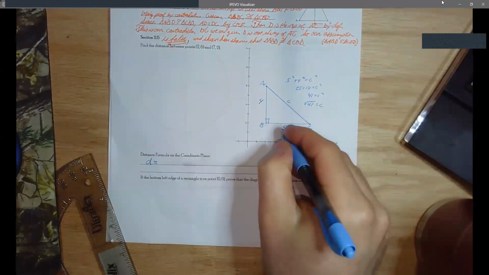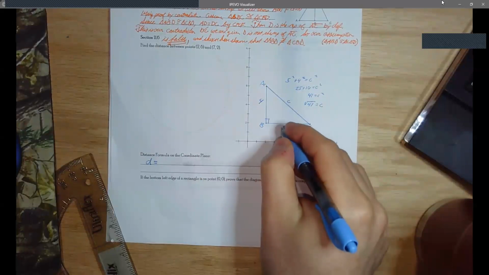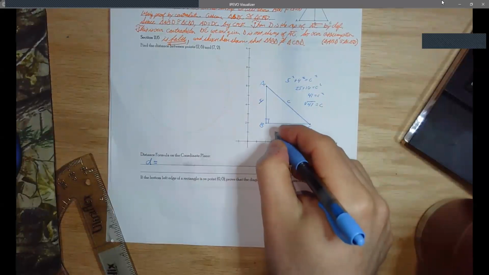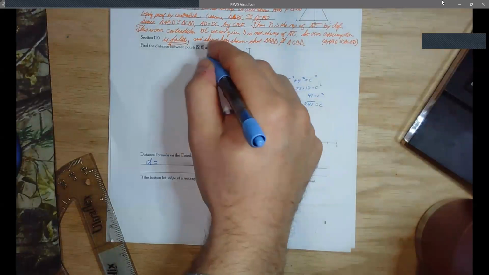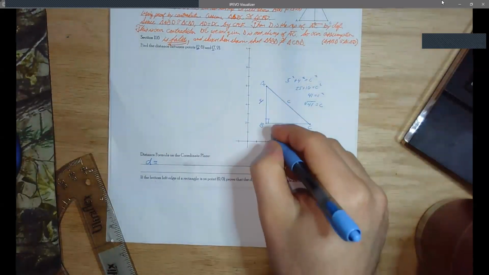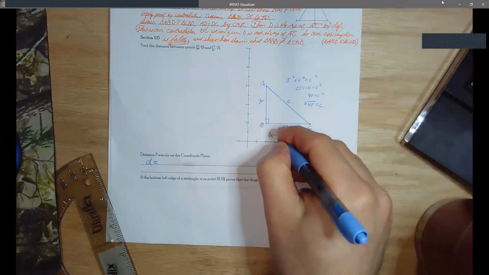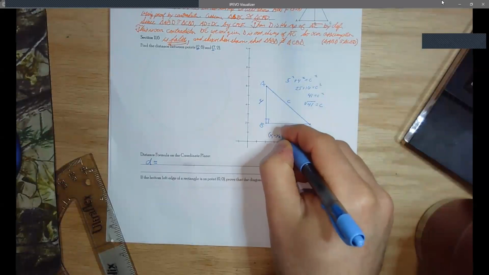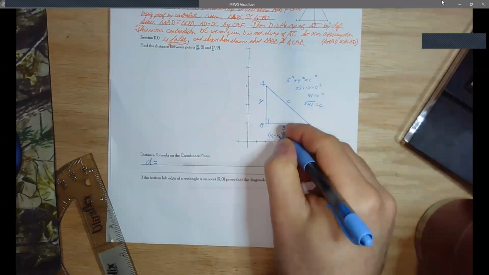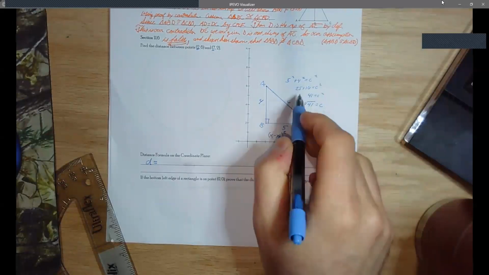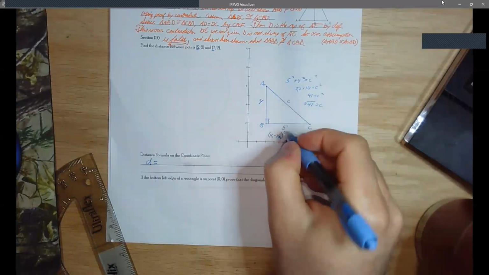Because notice that this 5, we found by taking the difference in the x coordinates, 7 and 2, right? So by taking the difference in the x's and then squaring it, we got 25, right?